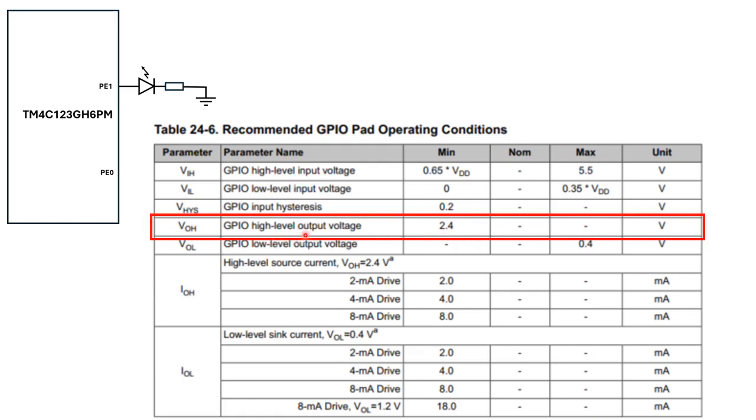So this is the high level output voltage, which is 2.4 volts. So a circuit like this that will work with the AT89S52 or the ATmega 328 would not work for the TM4C123GH6PM microcontroller.